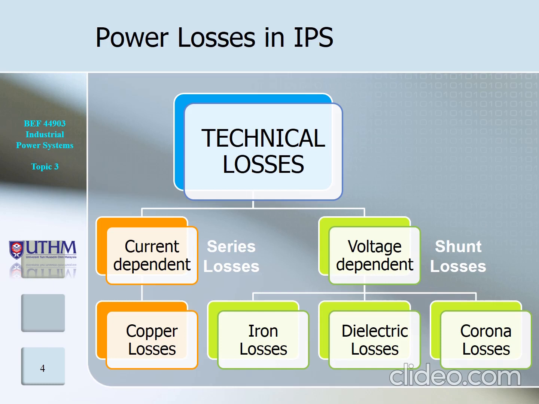For current dependent, mostly the type of loss is copper losses, and we just focus on the copper losses. But for voltage dependent, there are 3 types, which are iron losses, dielectric losses, and corona losses.